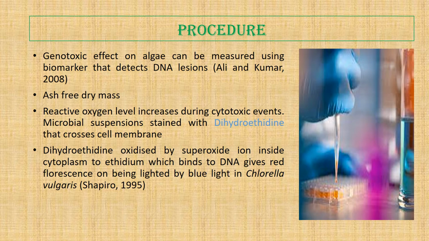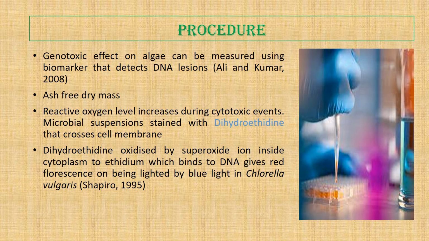After that, it is taken out of the muffle furnace into a desiccator. After being kept in the desiccator for a certain amount of time, the ashen mass of algae is taken out and weighed. So ash-free dry mass is a measure of how much the metabolic process of the algae is affected by the stressed condition.